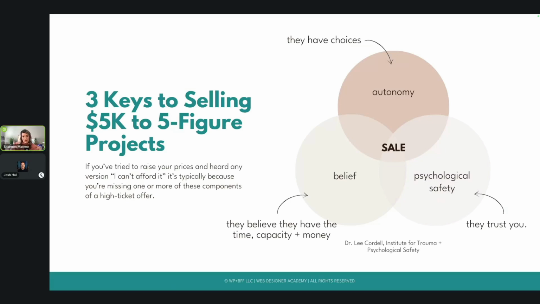We thought it was going to go back to the way it was. Maybe a lot of things didn't. And I think that collective uncertainty makes people a little bit hesitant to make big decisions, right? Like working with you on their 5K to 5-figure web design project.